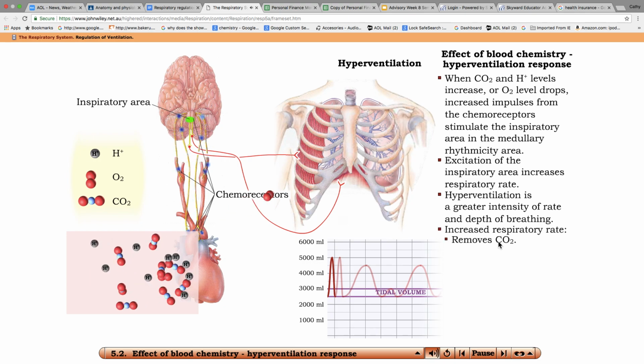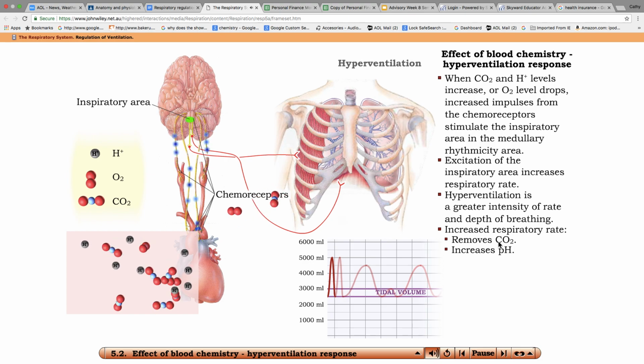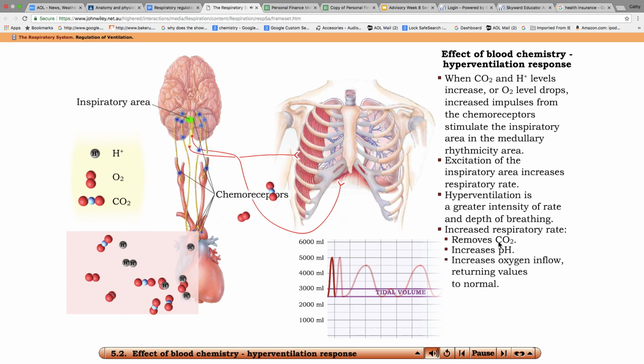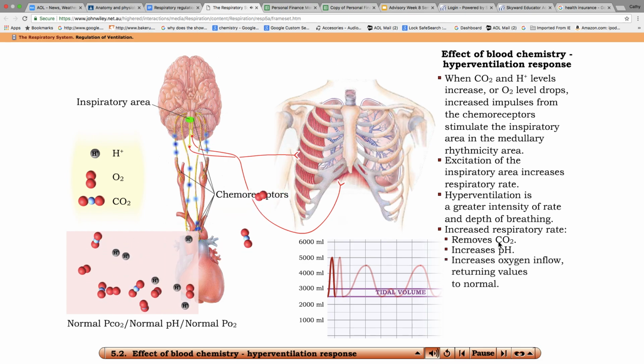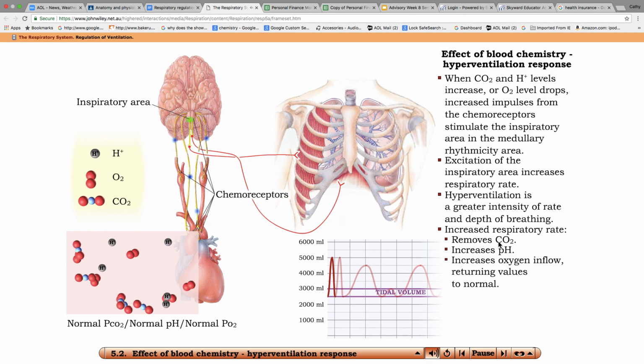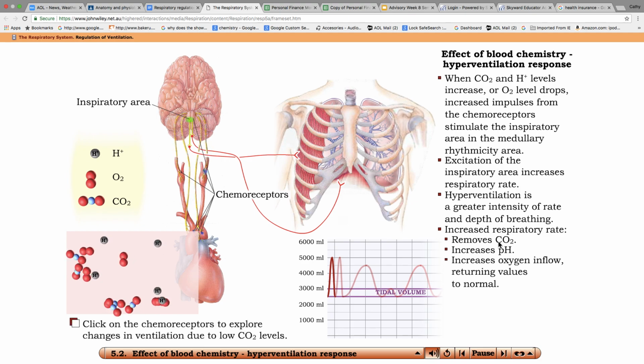When you are hyperventilating, you are breathing more deeply and intensely. Once I start breathing faster, what does that do to my CO2 level? I'm removing the CO2, so that goes down. I'm increasing oxygen and it brings it back to normal.